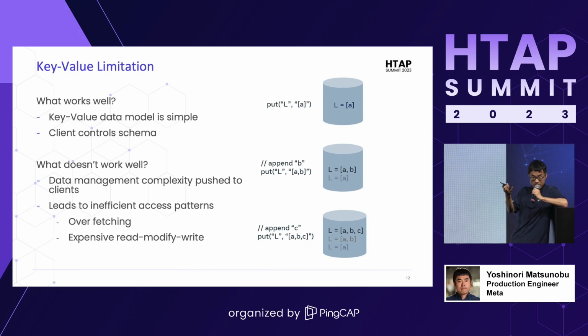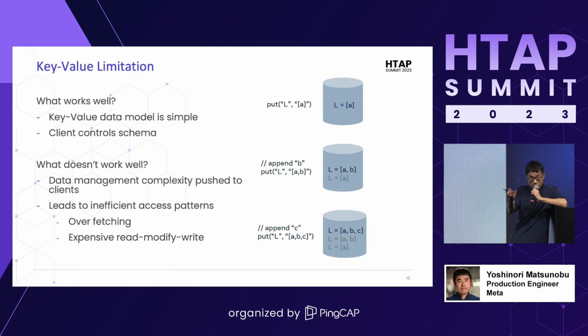Compared to MySQL, which has a binary log and a transaction log like a write-ahead log, managing two logs limits write performance, but a key-value store is more optimal for writes. It works well for simple data models. For example, if you have an integer key and just one integer value, it's simple to manage. That's typically suitable for key-value stores.